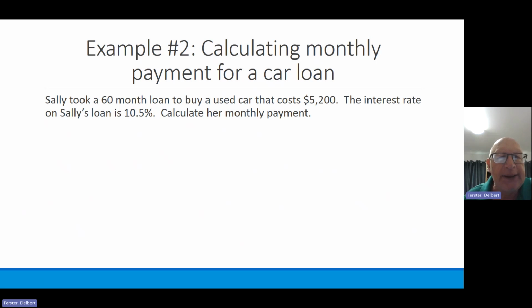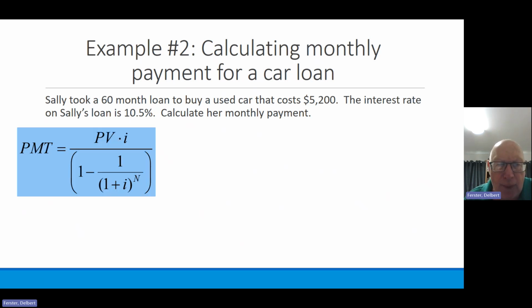Here we go. Sal's going to take out a 60-month loan to go buy a used car, costs $5,200. The interest rate on the loan is 10.5%, so it's a pretty steep interest rate. Maybe Sal's got a bad credit rating. We want to calculate the monthly payment for her for each of those 60 months. So there's our formula. Let's pull up some values that we can use.